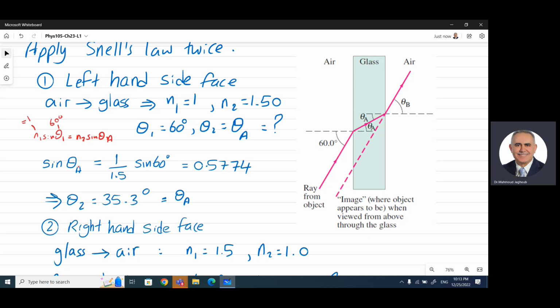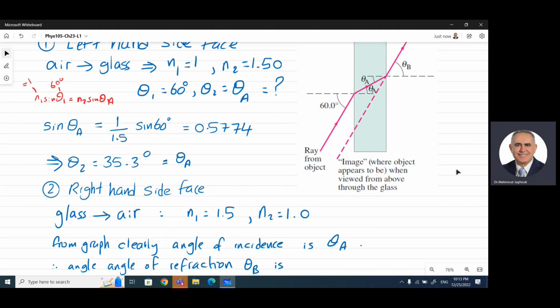معناته بصفي عنا انه sin theta A هذا بيساوي 1 multiplied by sin 60, divided by N2, which is 1.5, which is the index of refraction of this type of glass. And you end up with sine theta A equals 0.5774, which is sine 60 over 1.5.